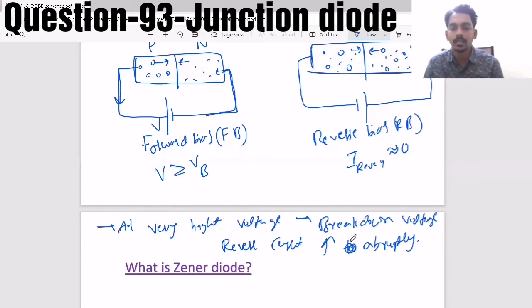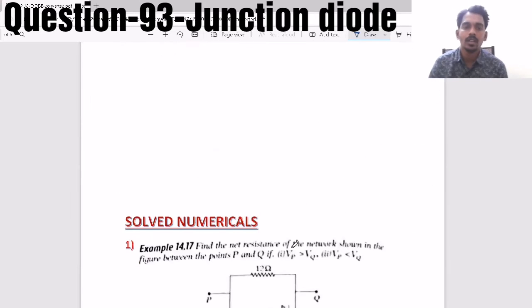It is a very sudden increase, not a gradual increase in the reverse current. Because at very high voltage, within the depletion region the electron-hole recombination barrier breaks, and suddenly a large number of charges come into action, so the current increases to a very high value. That is called reverse bias.